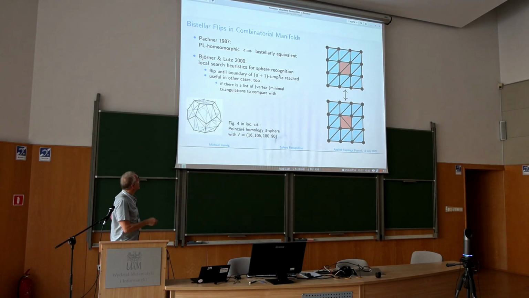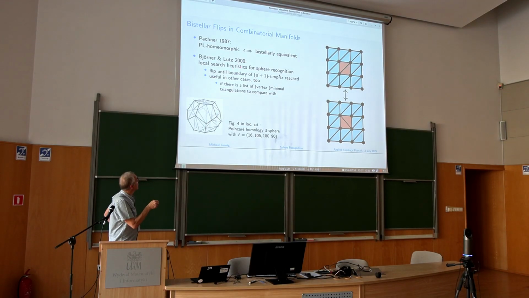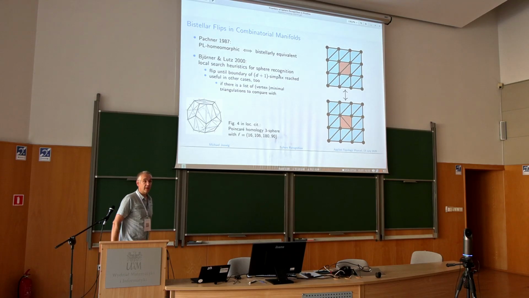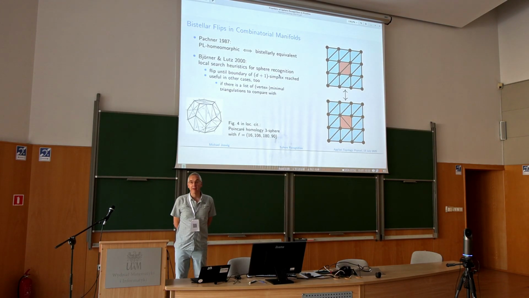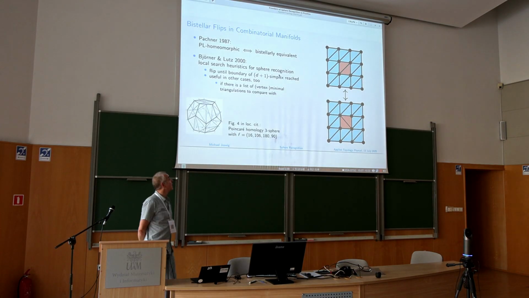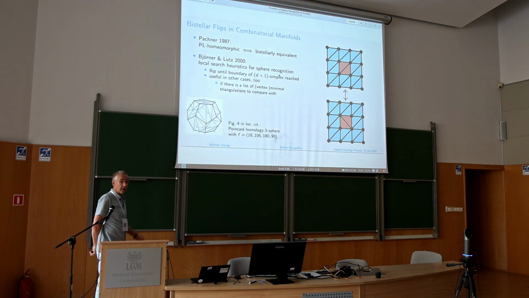So historically, this was put to good use for the first time, as far as I know, in the algorithmic part of topology, by Anders Björner and Frank, and they used these to create a local search heuristic for sphere recognition and a few other things.